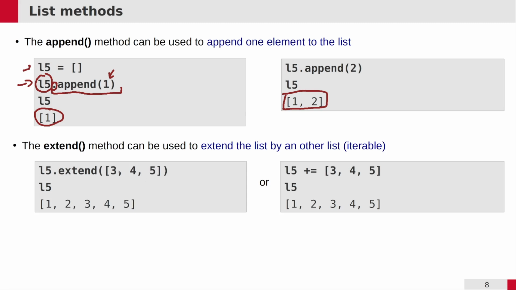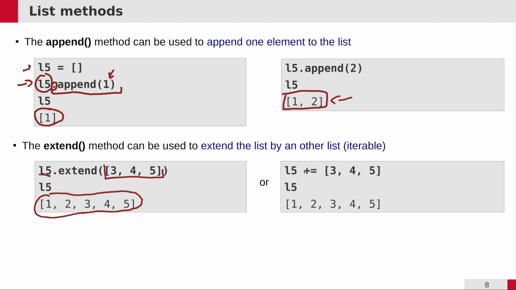You can also extend the list with the content of another list. This is the extend method. If you already have the things you want to append to the list within a list, then it's much easier to use the extend method. So here we have the L5 list, and we extend it by the content of the list which contains the integers 3, 4, and 5. If you extend the 1 and 2 which we had before, you end up with a list which contains all 5 elements.